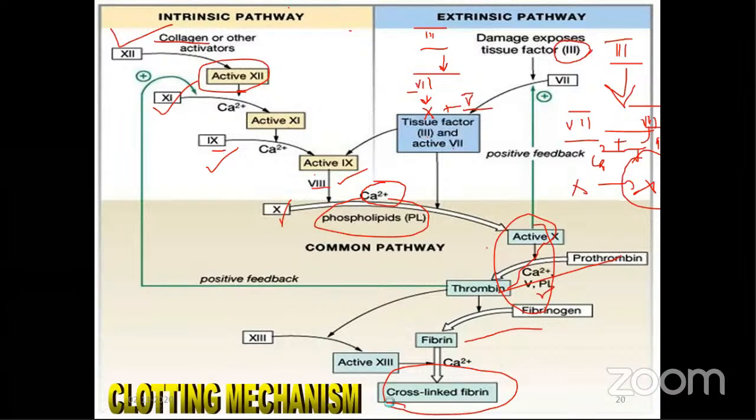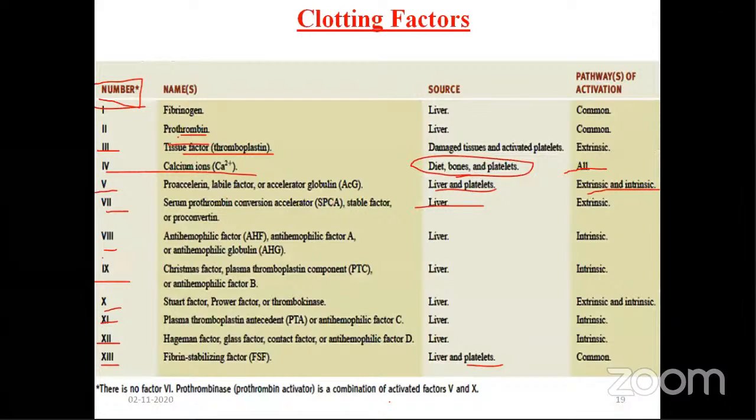So now let's go back to this, and as you can see, fibrinogen is involved in the common pathway. Prothrombin is also involved in the common pathway. The tissue factor or thromboplastin, by the name itself, you understand tissue factor means extrinsic pathway. So it has a very important role to initiate the extrinsic pathway. Calcium ions are involved at every step, and therefore they are involved in all the pathways. Then labile factor is used up both in extrinsic and intrinsic pathways.